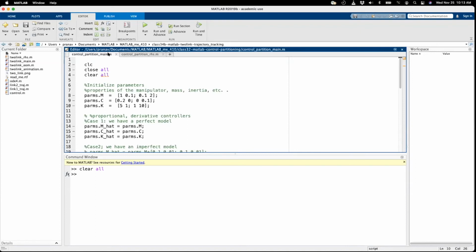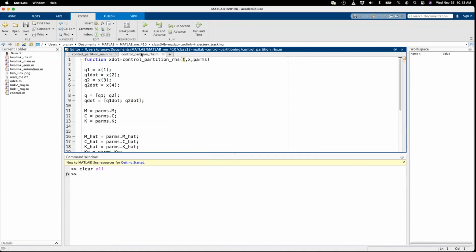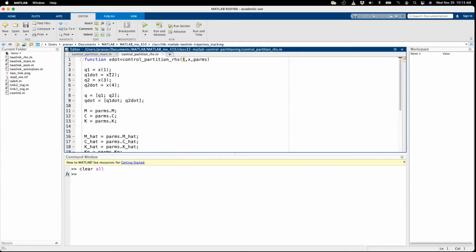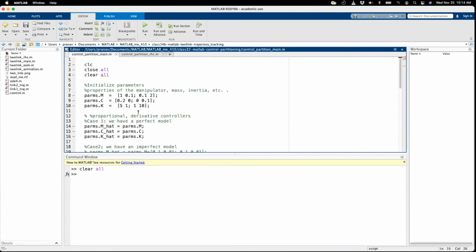There is basically a main file, and then there is the right-hand side, which actually does both the controls as well as the dynamics. I'll show that to you in a bit, but here is the mass matrix, which is what I wrote, the C matrix, and the K, actually this is the G matrix, same as G. I wrote K here. I didn't quite realize that I should have done that anyway.